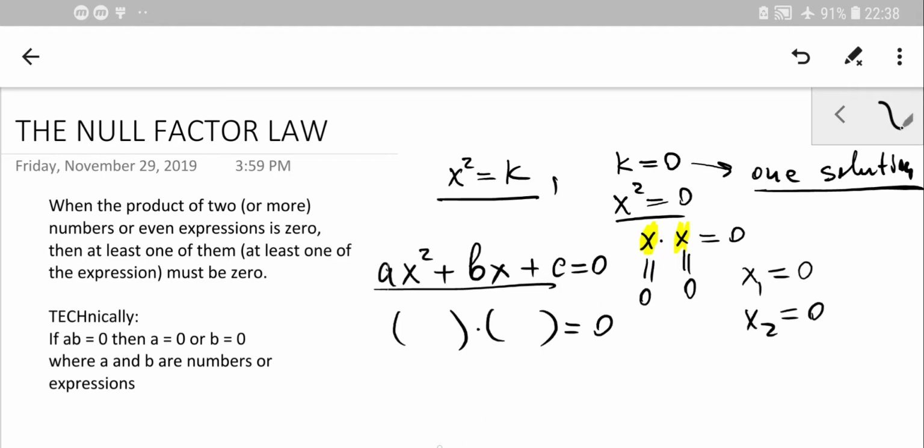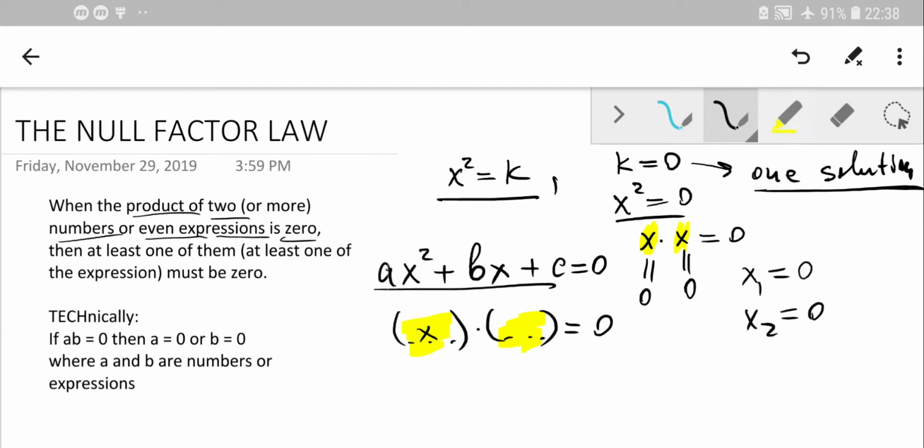From the null factor theorem, if the product of two or more numbers or even expressions is 0, then at least one of their factors is actually 0. So we equate each factor to 0. That's the possibility from which we can form two separate equations.